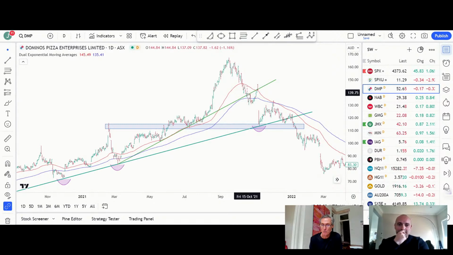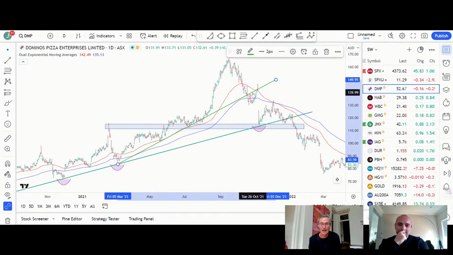I'm going, look, I don't want to be adding to this situation. I'd want to wait for it to bounce off those averages, then I could consider it. But if it continues down below these averages, as it does, it does the same thing as breaking the trend line.